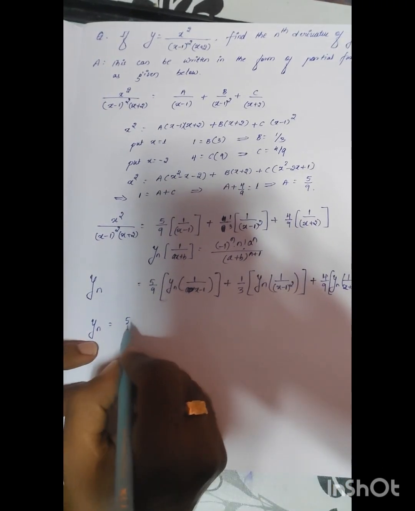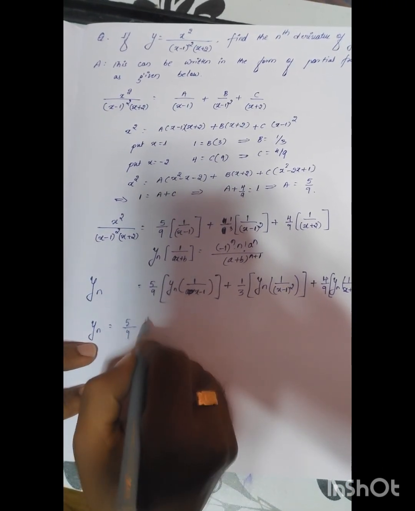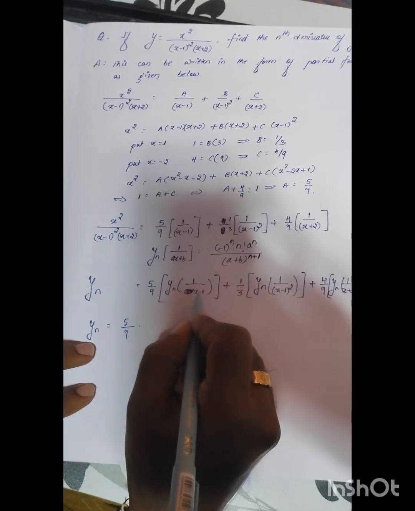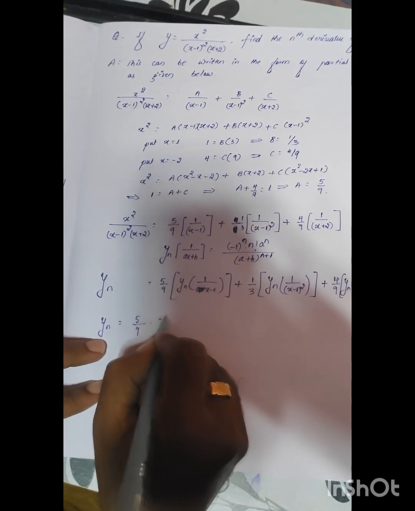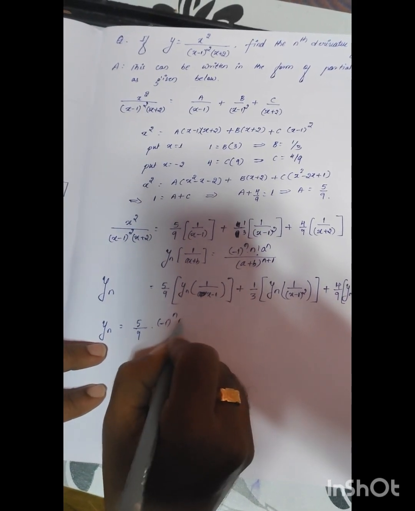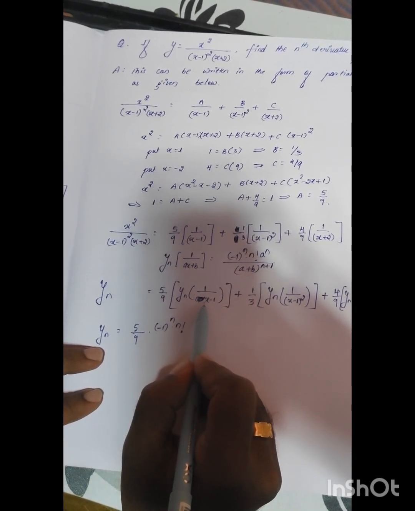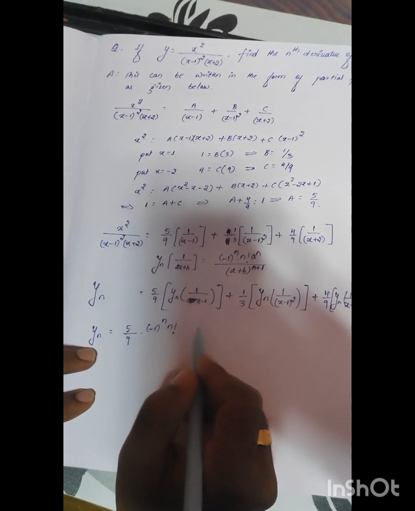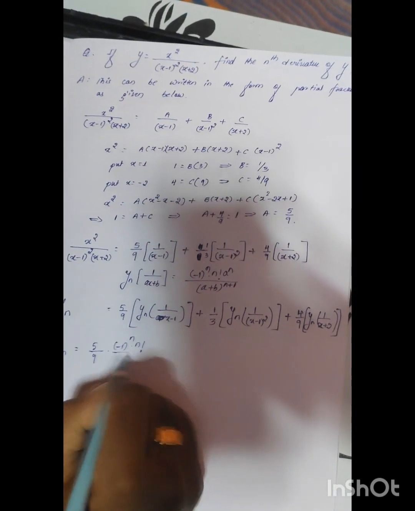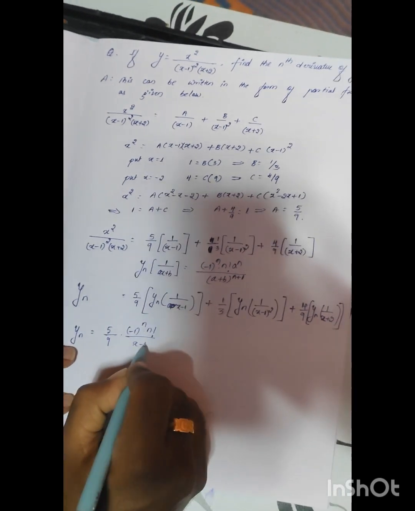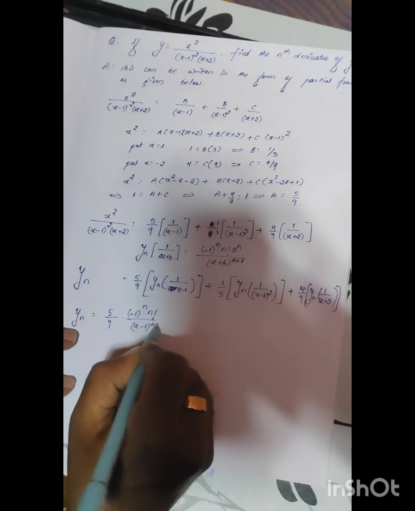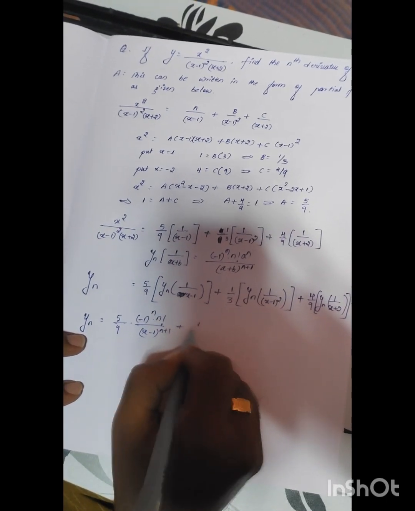So that would be equal to 5 by 9, and the nth derivative of 1 over x minus 1 is nothing but minus 1 power n and n factorial. Here the value of a is nothing but 1, so 1 raised to n is 1 itself, so I am not writing that. It will be equal to x minus 1 raised to n plus 1. Plus 1 by 3.